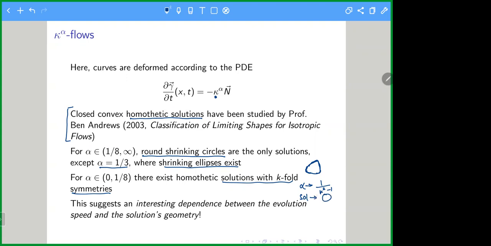Or sorry, I think that's not right. If alpha converges to 1/8, these solutions converge to circles.